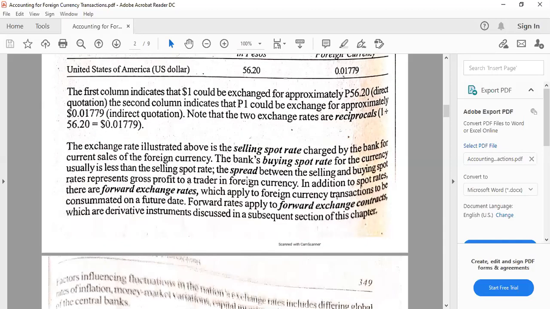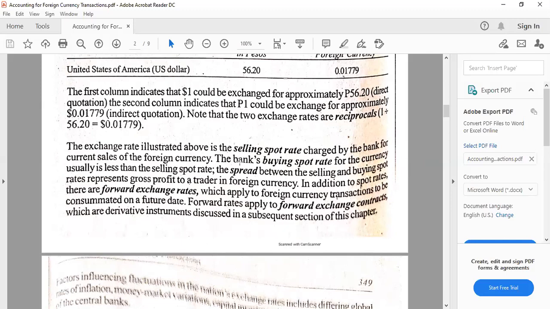Next, there are also rates to consider. The rates could be selling or buying. Now, if we are the entity that is to sell certain currencies, for example, a bank that would be selling its currencies to the public, it has its own selling spot rate.